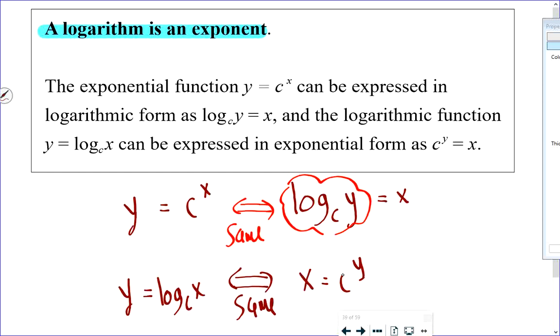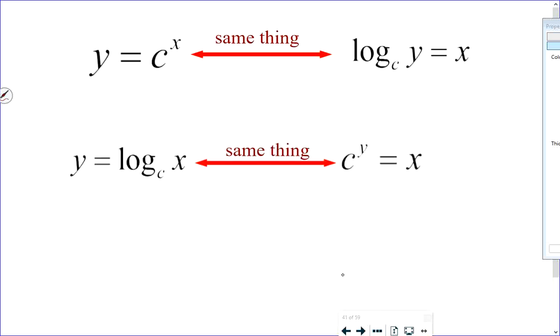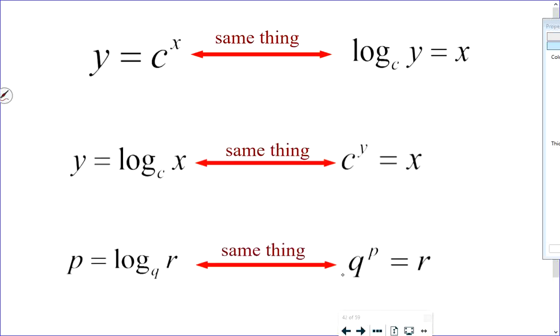And you are going to get used to this, okay? Translating from one language to another. So I'm saying this is the same thing. If I were to say that, that's the same thing. If I were to say this, it's the same thing. I want us to look at the bottom one. We're changing from an exponential expression to a logarithmic one. They have the same base, right?